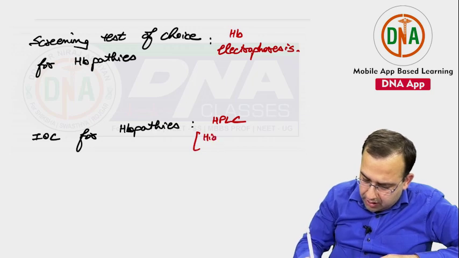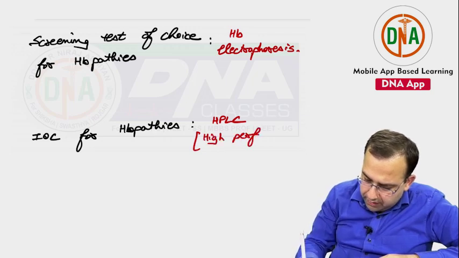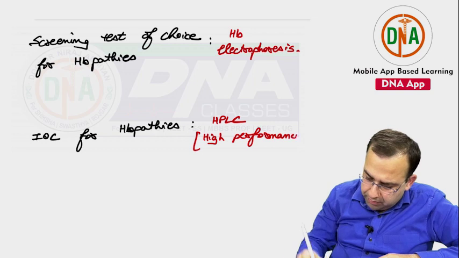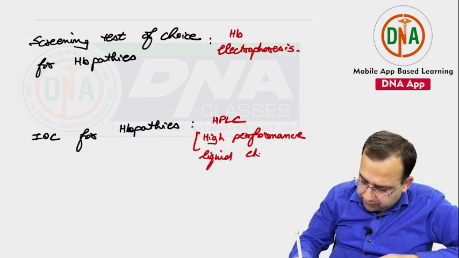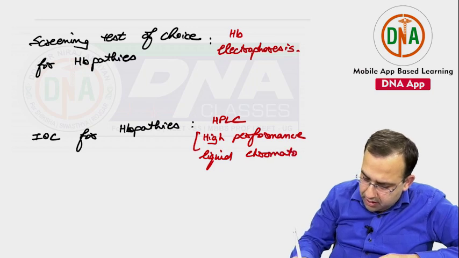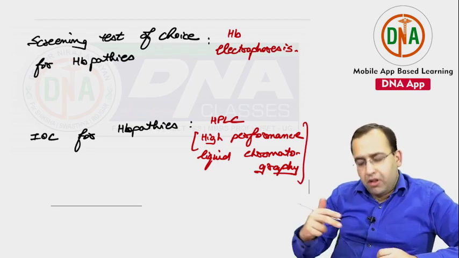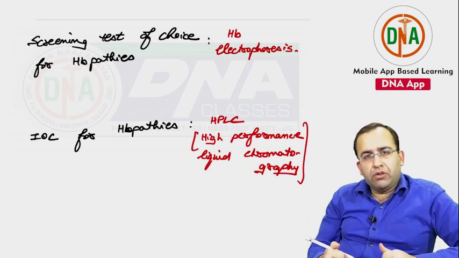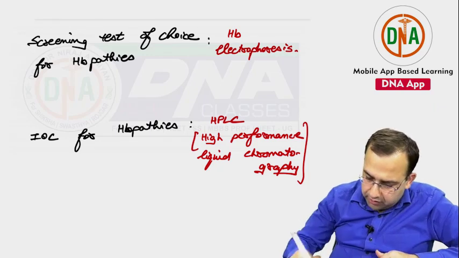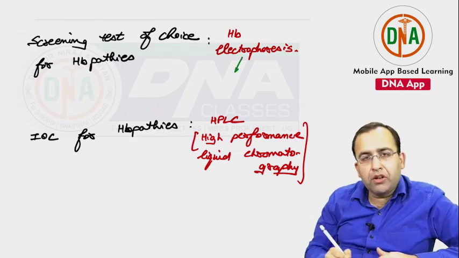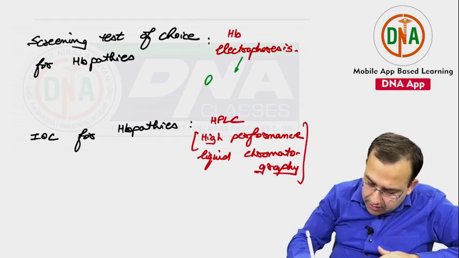That is high performance liquid chromatography, HPLC. What is the difference between the two? Hemoglobin electrophoresis is a qualitative test.